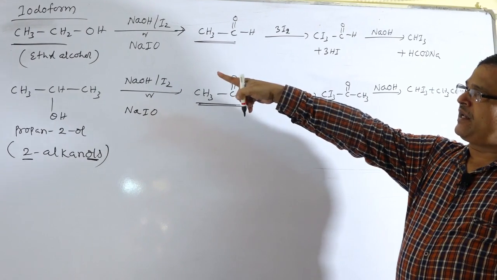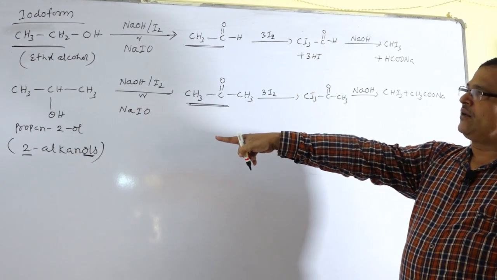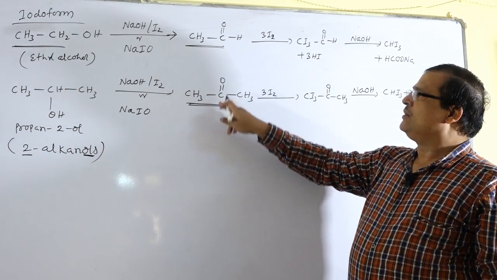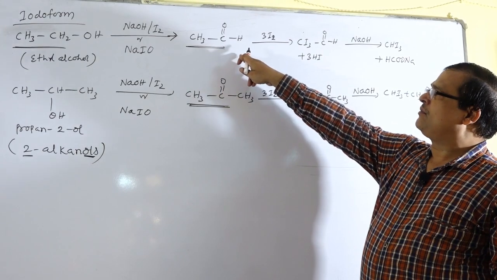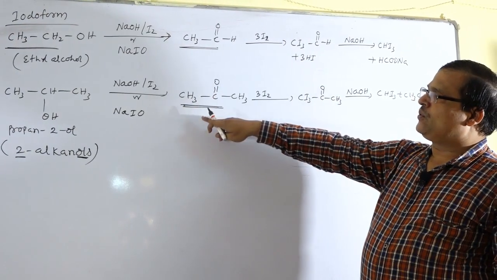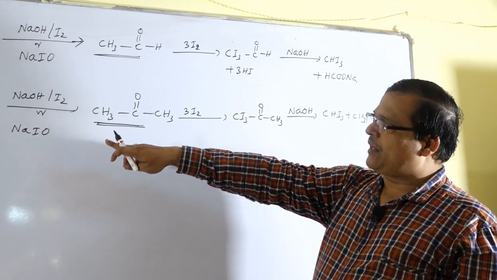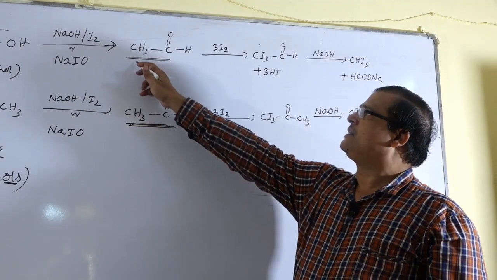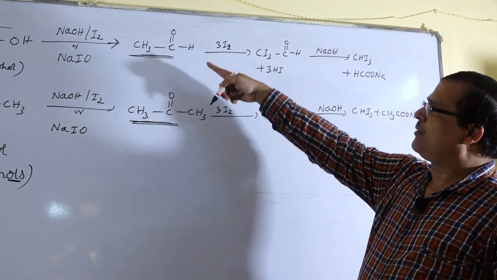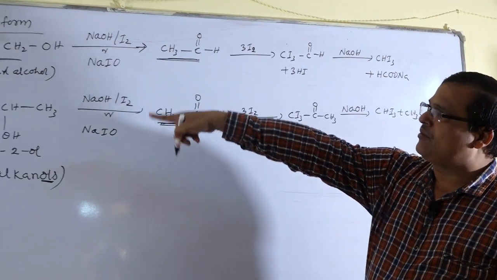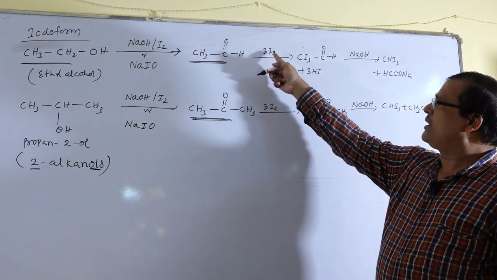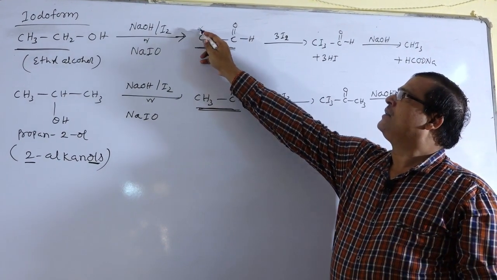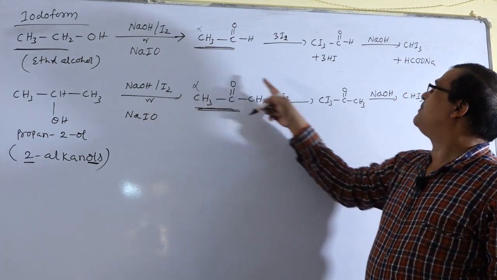So primary alcohol, or 2-alkanols, have the ability to produce a CH3CO group compound. Ethyl alcohol gets oxidized to form acetaldehyde, and propan-2-ol gets oxidized to form acetone. These compounds contain the CH3CO group. Those compounds having a CH3CO group, or which can be converted into it, react with iodine, and the three alpha hydrogen atoms get replaced by iodine.